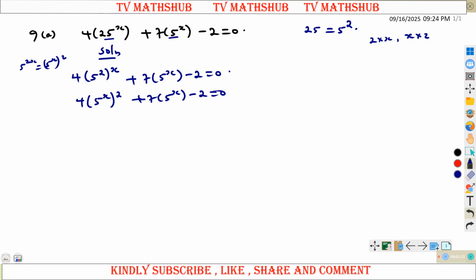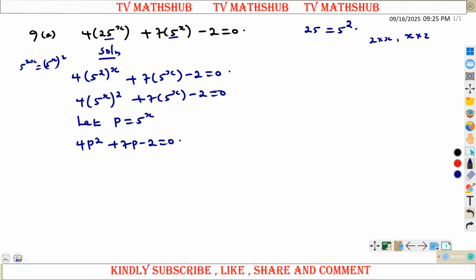To ease life, we shall let p represent 5 to the power x, since we have the same unknown here. So we shall have 4p squared plus 7p minus 2, which is equal to 0.